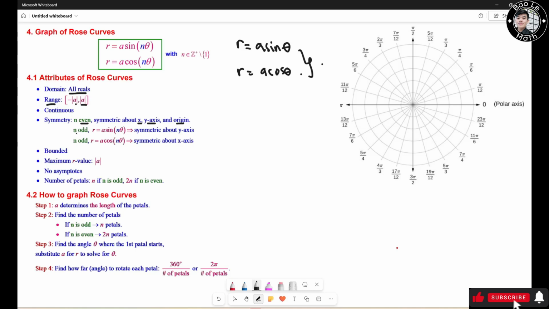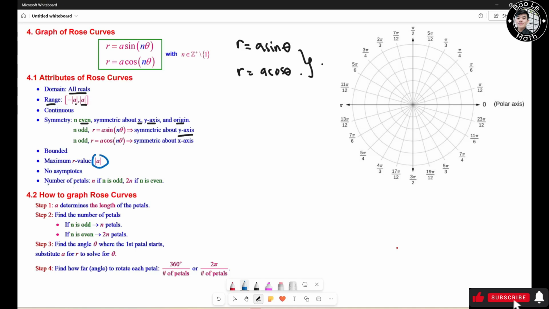If n is odd, we have this function right here, symmetric about the y-axis. If n is odd, we have the function right here, symmetric about the x-axis. The maximum of the radius is absolute value of a. The function has no asymptotes.